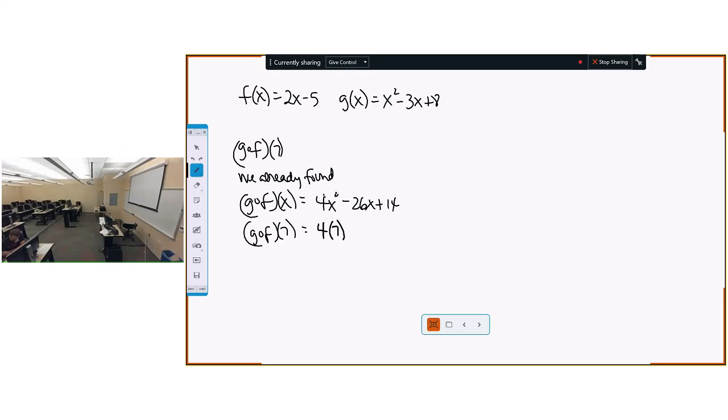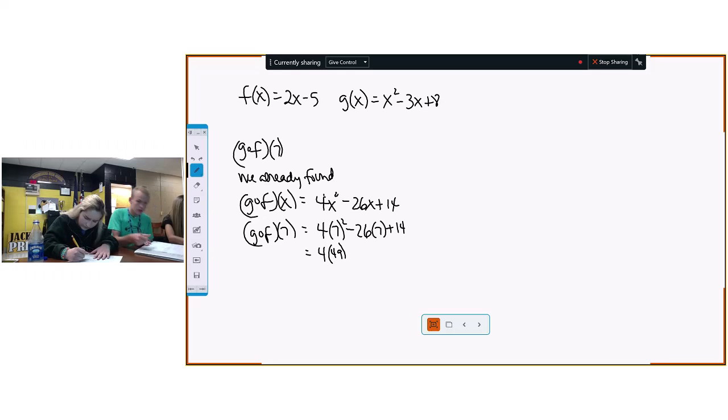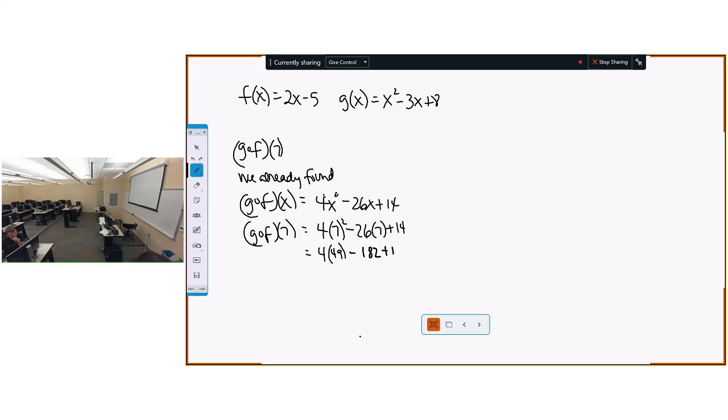4 times 7 squared minus 26 times 7 plus 14 would be 4 times 49 minus 182 plus 14. Wait, where did I get 14? It was plus 48, wasn't it? Yeah. Okay.